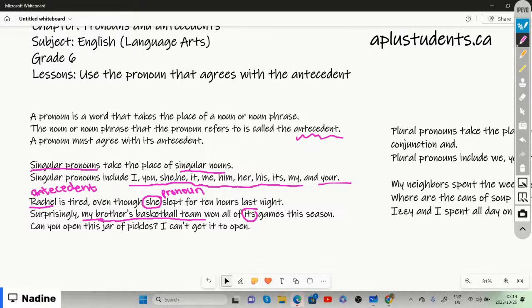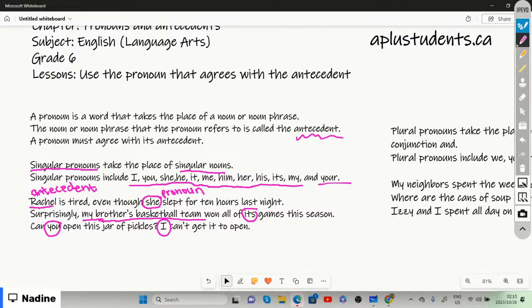Can you open this jar of pickles? I can't get it open. In this case, they are basically giving us only pronouns, because there we have you and there we have I. Referring to you, I can't open it.